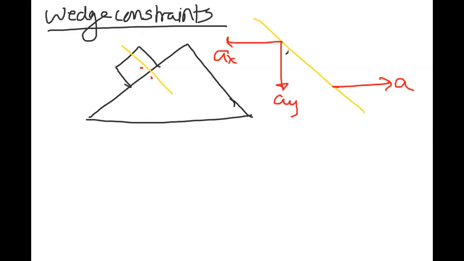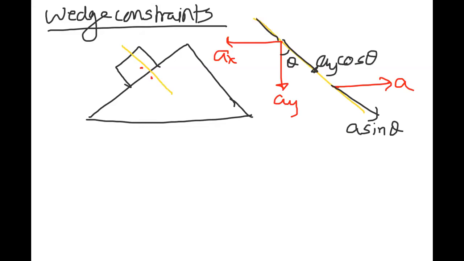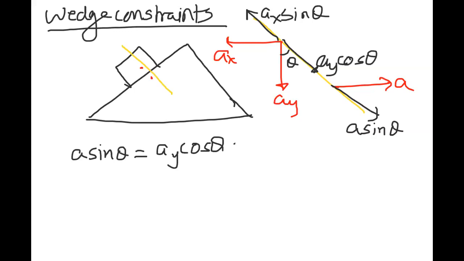Remembering that this angle is theta, this component will be A sine theta, this component will be AY cosine theta, this component will be AX sine theta. So the equation from the wedge constraint will be A sin theta is equal to AY cosine theta minus AX sin theta.